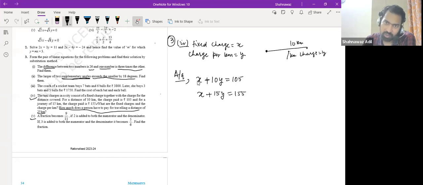So let us solve this question, because we have to find how much a person has to pay for traveling a distance of 25 kilometers.